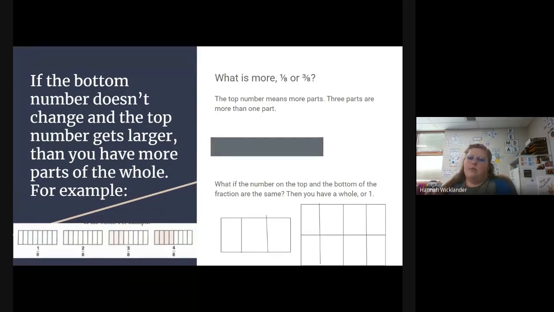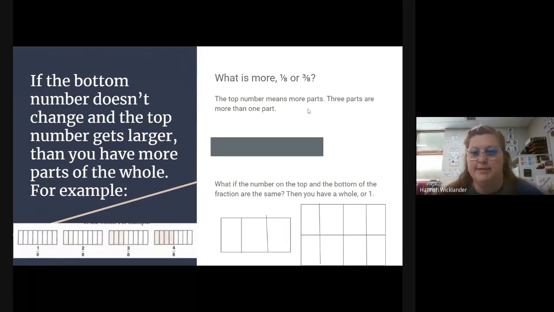So type in the chat, what is more, 1/8 or 3/8? Yes, 3/8 is more.